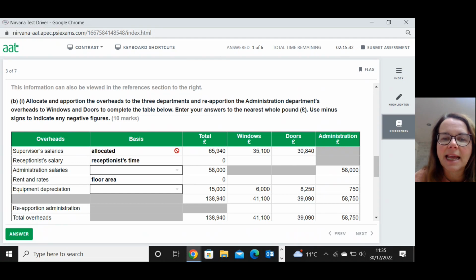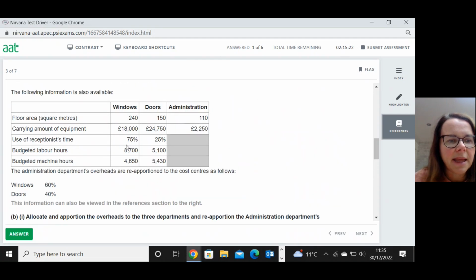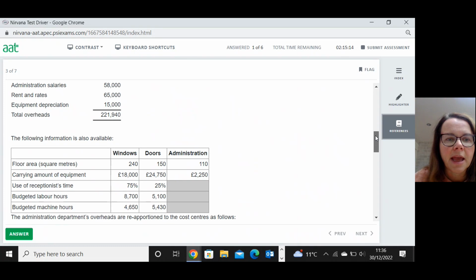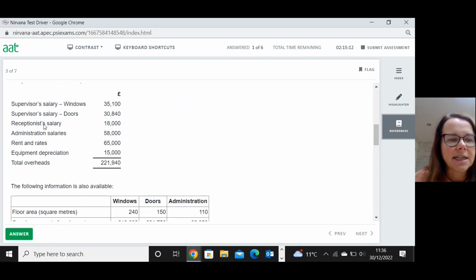Supervisor's salaries have been allocated. They've filled that in for us. Receptionist salary, they've told us to do it on receptionist's time. So if we look up here, we can see that that's split 75%, 25% between windows and doors. And the receptionist salary figure that we're sharing out on that basis is £18,000.